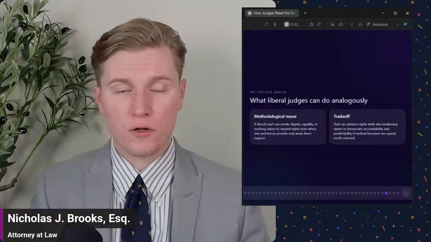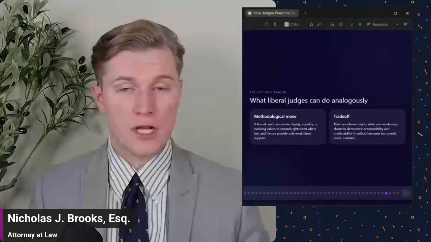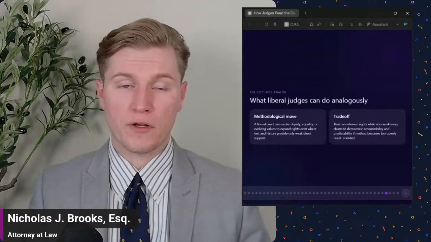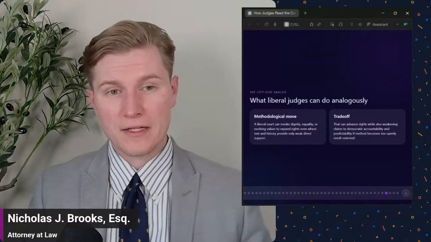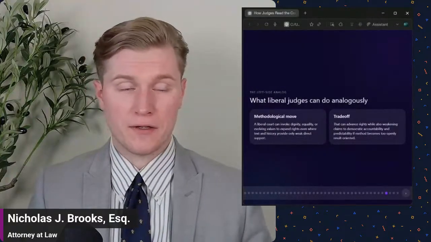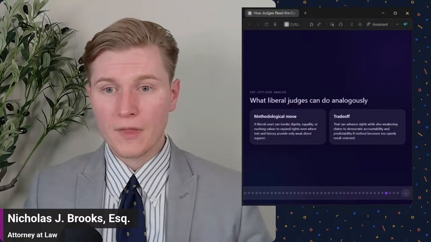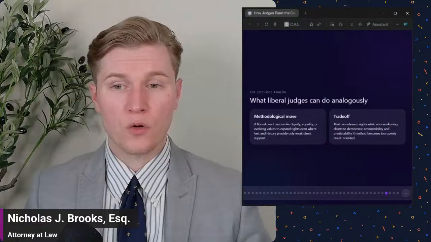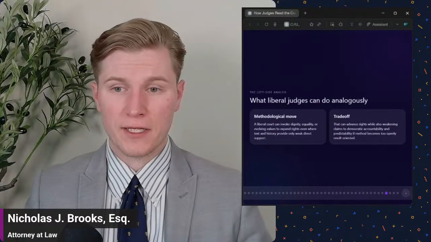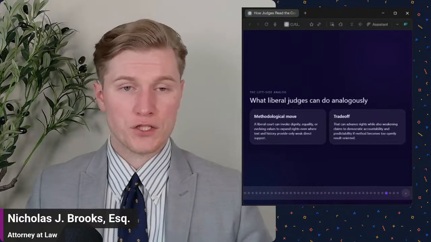As I discussed earlier in the video, they essentially come up with these different classes of individuals and say, well, these different classes deserve dignity and equality like other previously recognized classes. And that's more of how liberal justices can be critiqued and how they develop their own opinions. Here's the trade-off. That can advance rights while also weakening claims to democratic accountability and predictability if method becomes too openly result-oriented.